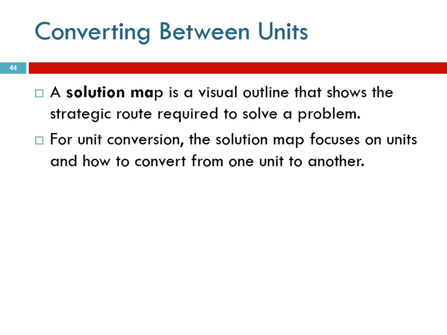But if you don't know a direct relationship, you may have to take some stepping stones and just go partway across. Maybe you'll go from inches to feet, and from feet to meters, and from meters to kilometers. There are different paths that you can take to get to the same answer. Some of them are longer and some of them are shorter. But if it gets you there, it's okay.